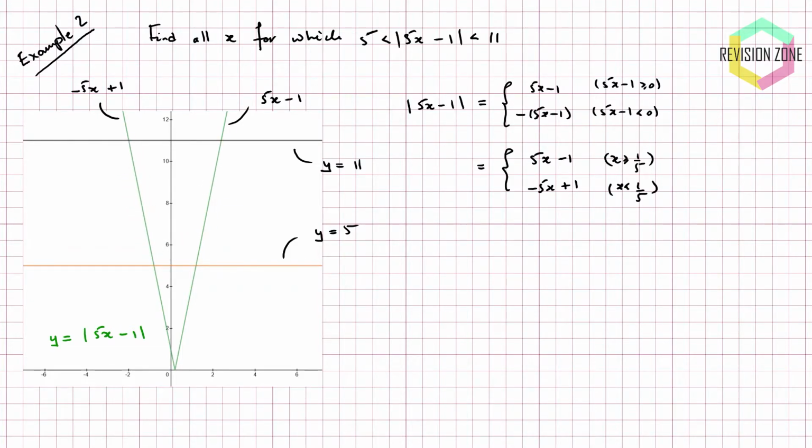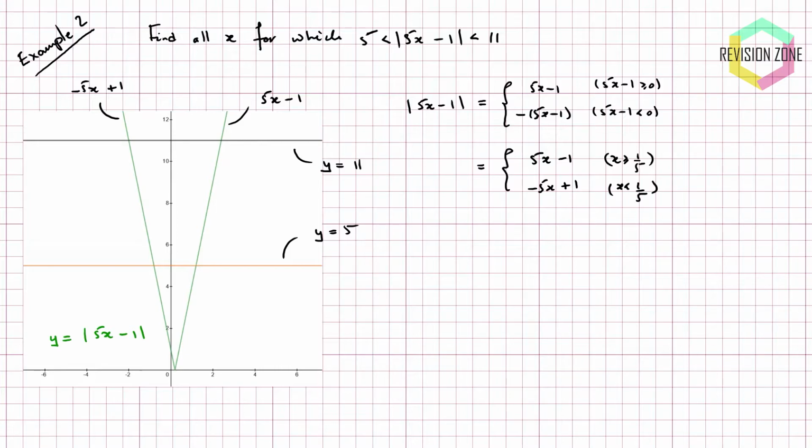And of course, that would then have corresponding x values. So we're going to have two separate intervals of solutions for which our modulus function satisfies these inequalities, and to work out those intervals, we need to work out the x values at each of these points. So we're going to do them systematically.